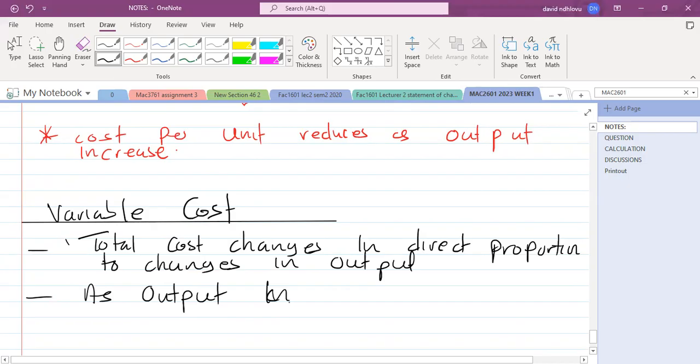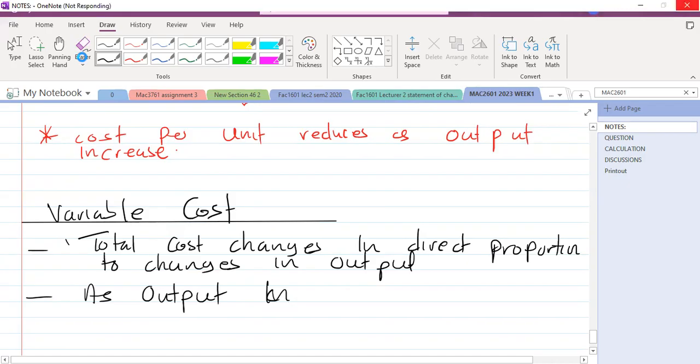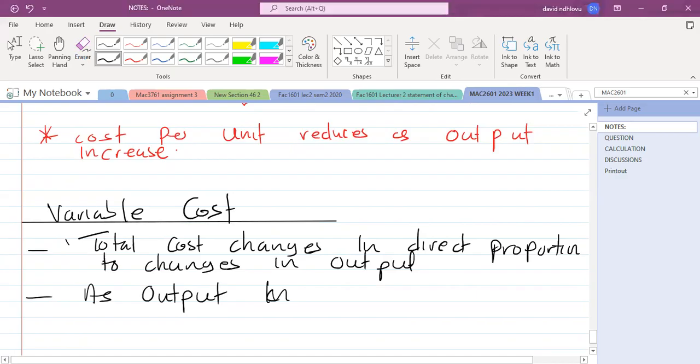So as output increases, the total cost also what? Increase. And the vice versa is true. As output decreases, the total cost will also what? Decrease. So we'll do an example of that. As output decreases, total costs decrease, and vice versa.